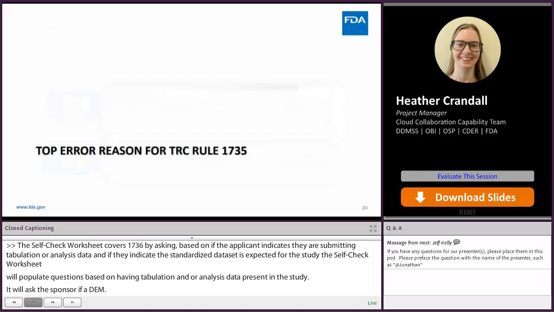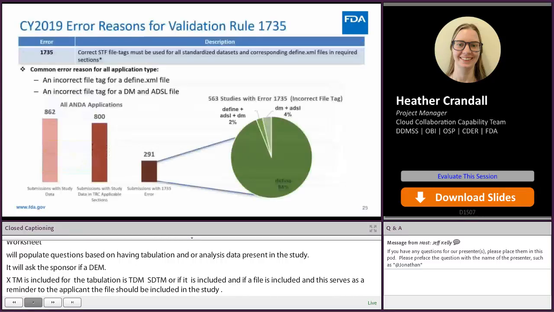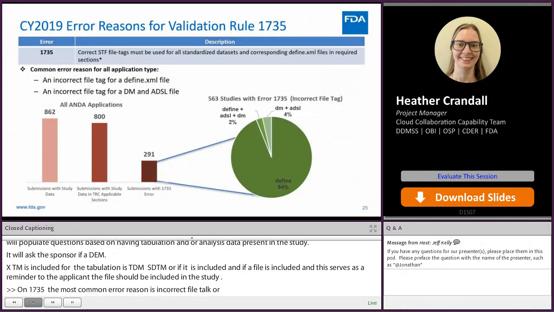For 1735, the common error reason is incorrect file tags for define.xml files. The 1735 error is looking for correct STF file tags to be used for all standardized data sets and the corresponding define.xml files in required sections.